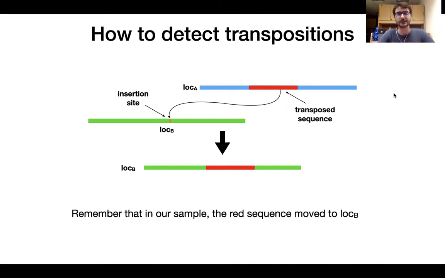So how do existing methods detect transpositions? Remember from our example that we have one piece of DNA, this red piece of the genome that moves from location A and inserts into location B. And because of this, we obtain a new version of location B, which contains the red region inside.